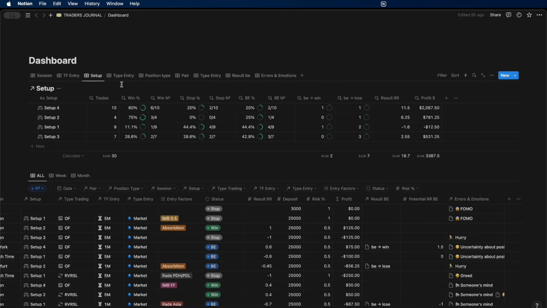Why is it important to do this? Because we worry a lot. Why I said that trading journal, it saves you from psychological problems. See, when you first open a trade, you're not sure of your setup. You don't realize what its stats are. But then I realized that setup 4 has a win rate of 60%. And now, when I open a trade, and it will be a trade opened on setup 4, I will be less worried.